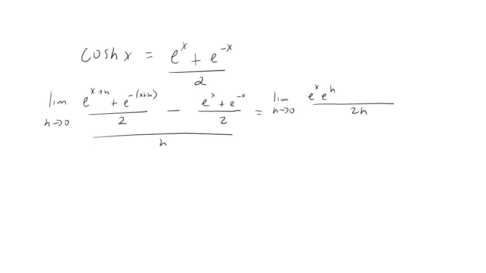But because you have an h, I'll put it at the bottom as well. So then it's going to be plus e to the minus x, e to the minus h, then minus e to the x, and then minus e to the minus x.